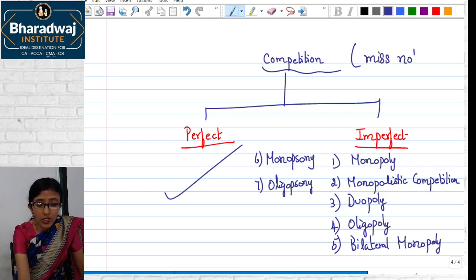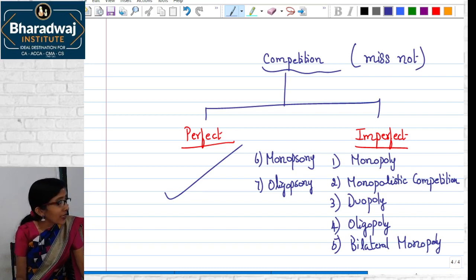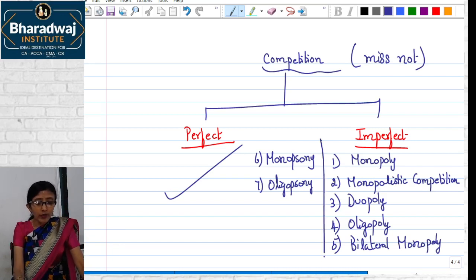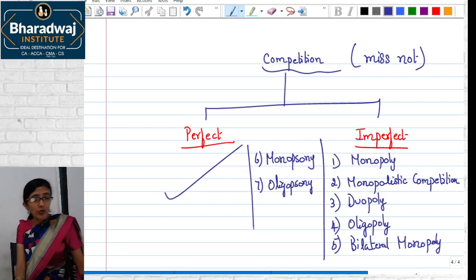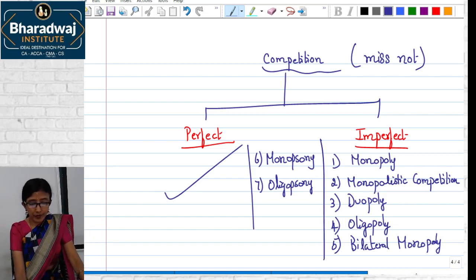They will give you a feature of a market form and ask you to identify which market this feature is applicable to. So revise this n number of times because it's very important.